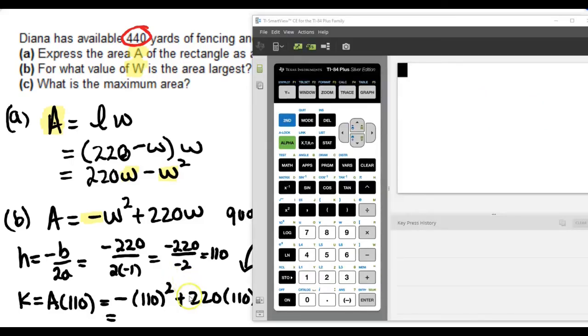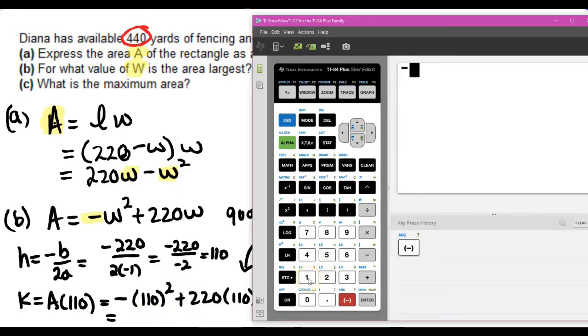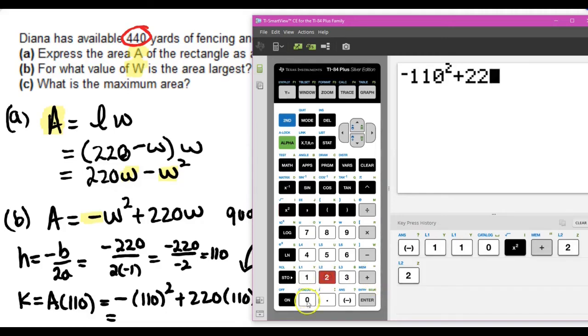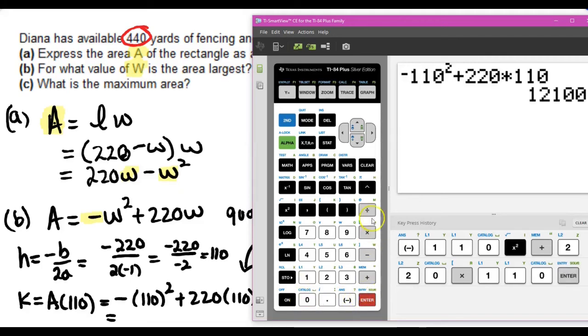Okay, so we're going to type that in our calculator. Negative 110 squared plus 220 times 110. And I get 12,100.